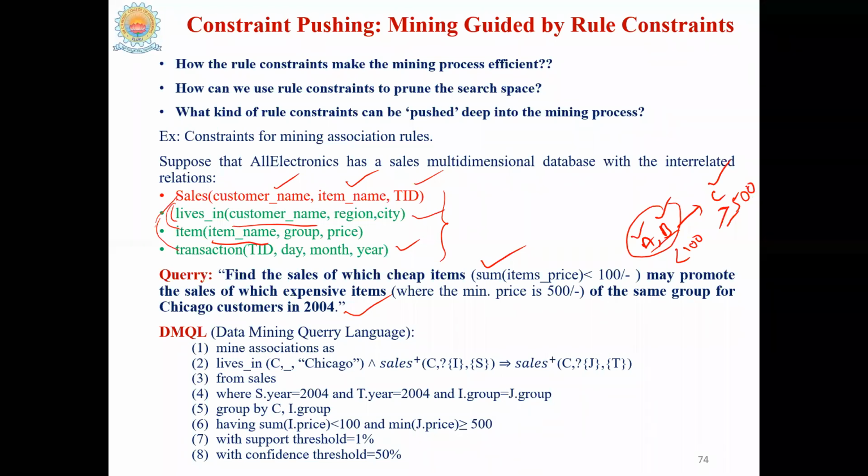So we need to find which cheapest items lead to the sales of the costliest items, and they have also mentioned some conditions. What is the condition here? Items A, B, and C are from the same group, the city should be Chicago, and the year should be 2004. All these are the constraints they have mentioned.